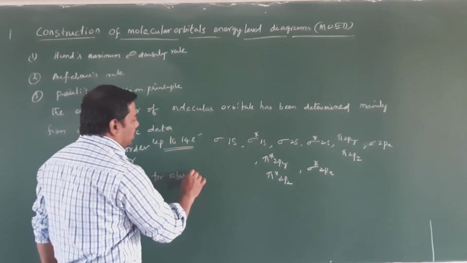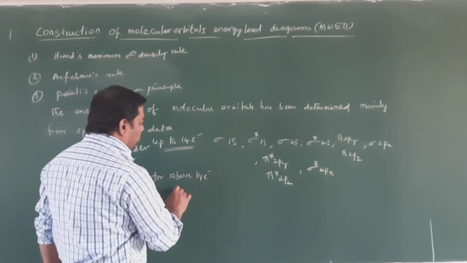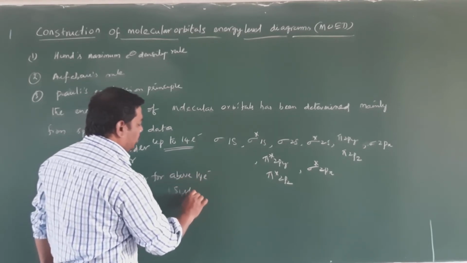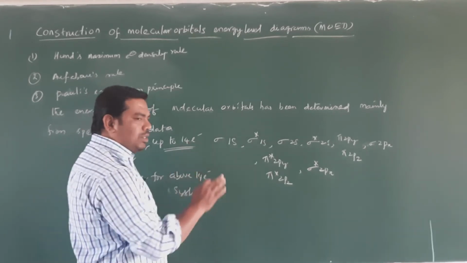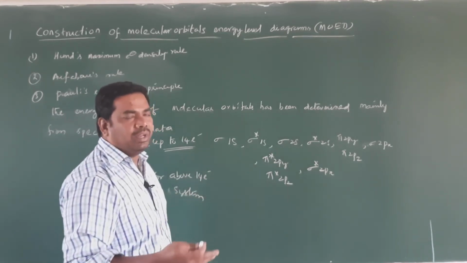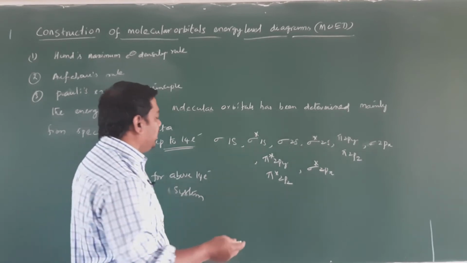Right. Next, the energy order for above a 14 electron system, meaning 15, 16, 17, 18 electrons and so on.